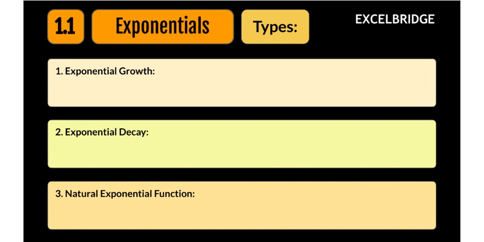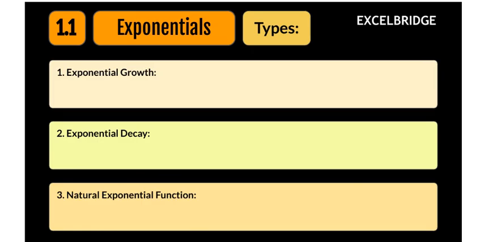Now let's see some types of exponentials. The first type is exponential growth. Okay, this is pretty easy. y equals a power x, where a is greater than 1.